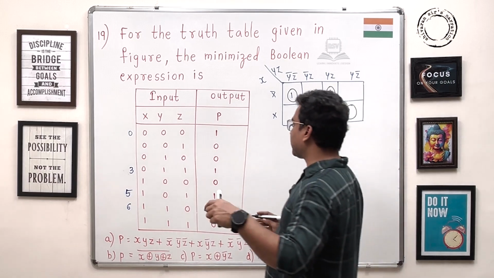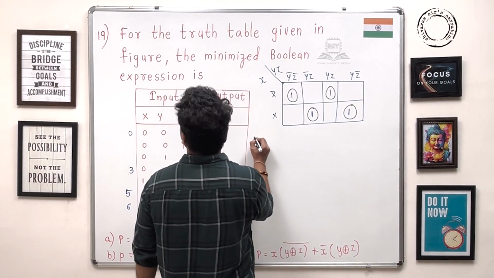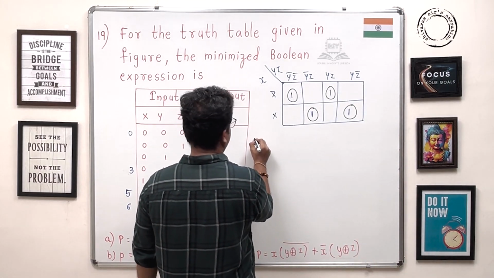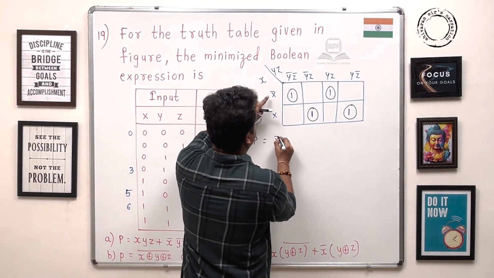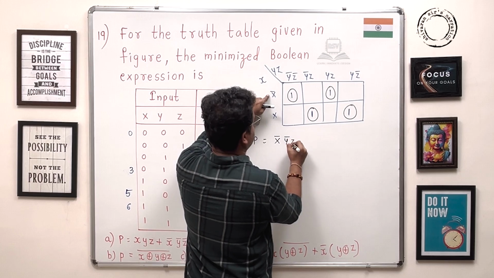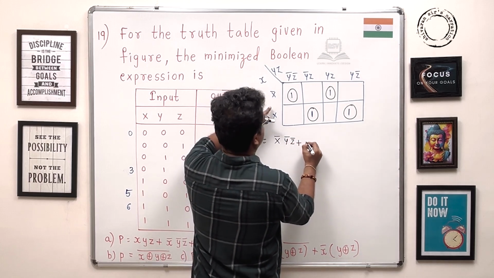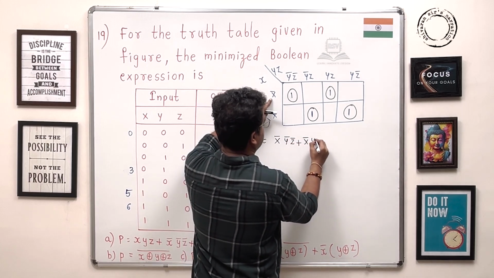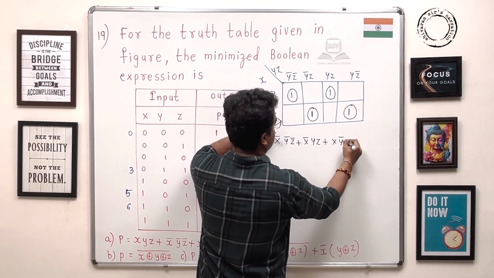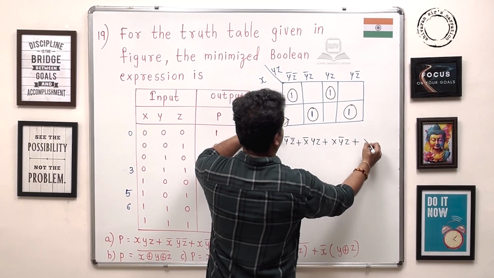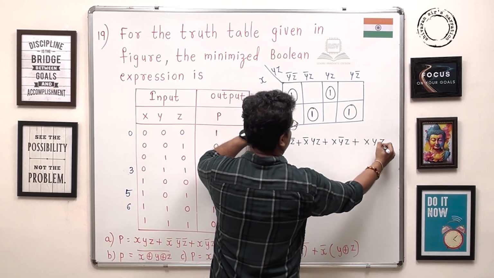Now, if you write the expression, then output P is equal to X bar Y bar Z bar plus X bar Y Z plus X Y bar Z plus X Y Z bar.